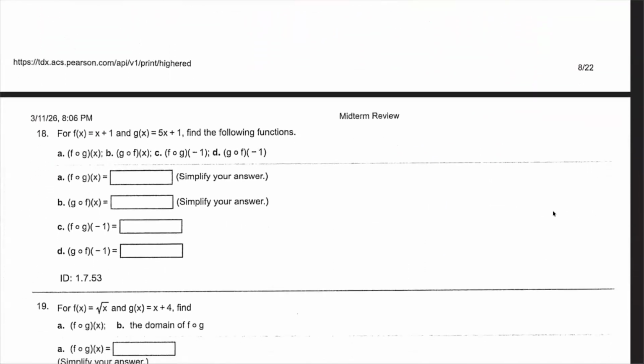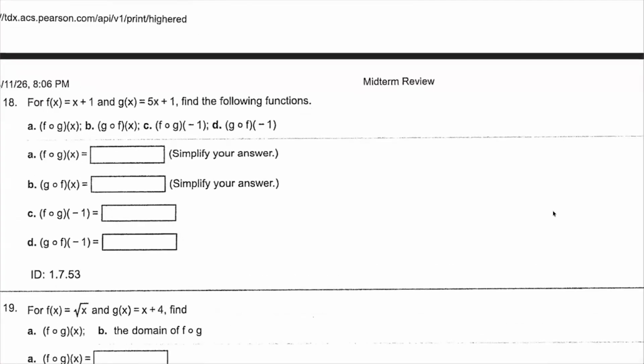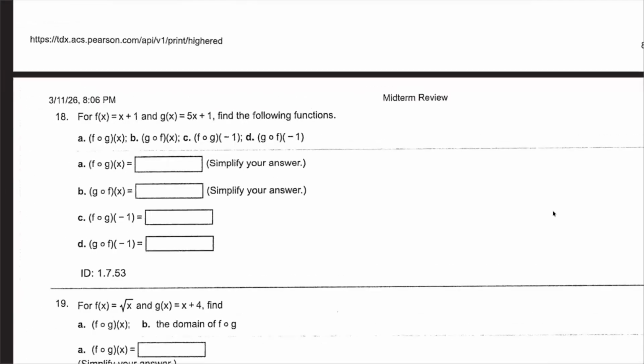All right, now this one is asking for some compositions, f circle g and g circle f. That means we're composing one function on another, or we're placing one function inside of the other function. So we have two functions, f of x equals x plus 1, and g of x equals 5x plus 1.